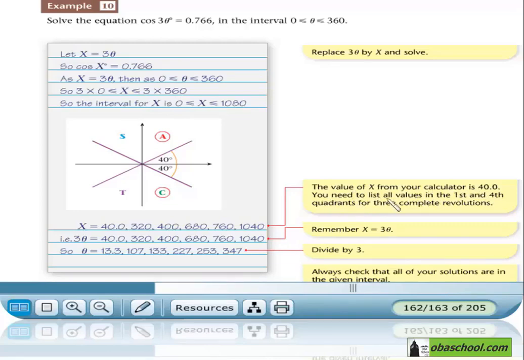We need to list all values in the first and the fourth quadrants for 3 complete revolutions, as if the angle is rotating 3 times, since x is 3 times theta. And we need to remember that x equals 3 theta in order to divide by 3 when we want to find theta. Always check that all of your solutions are in the given interval.